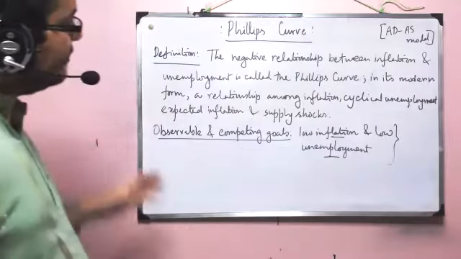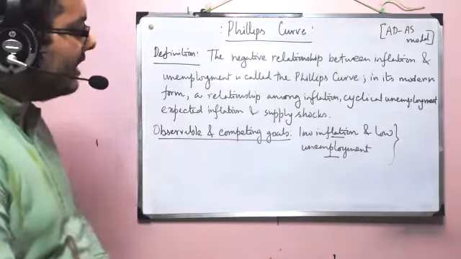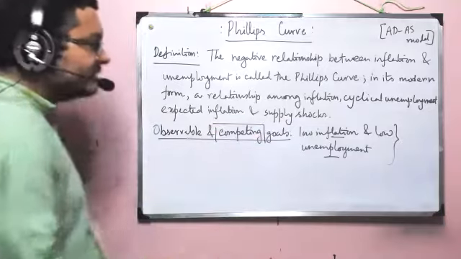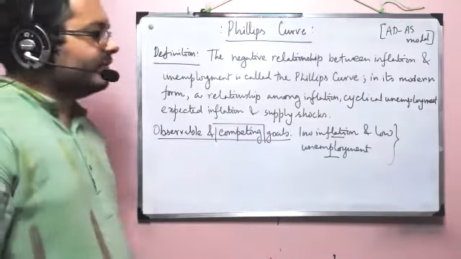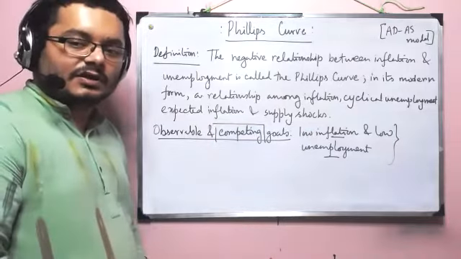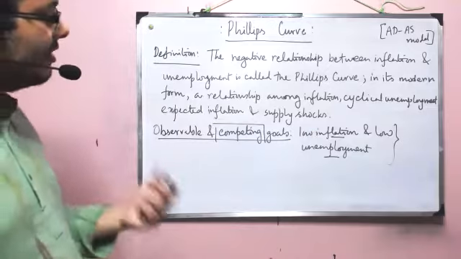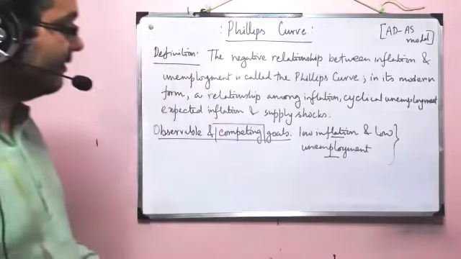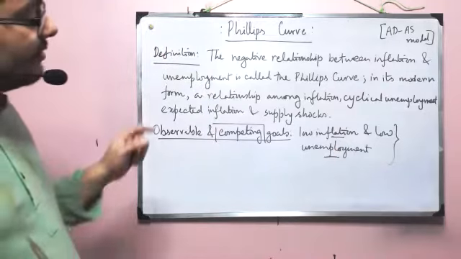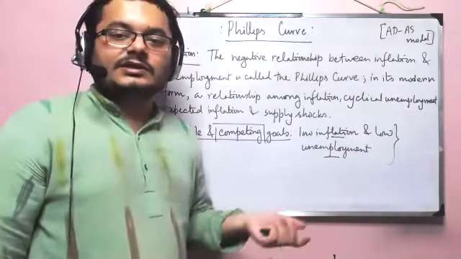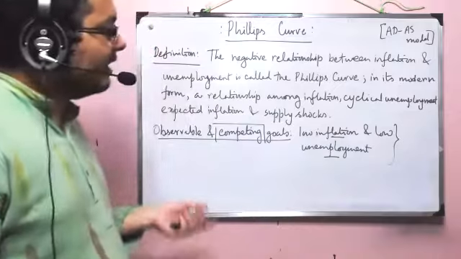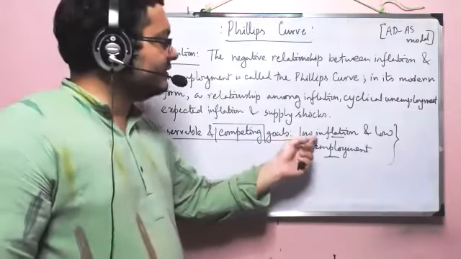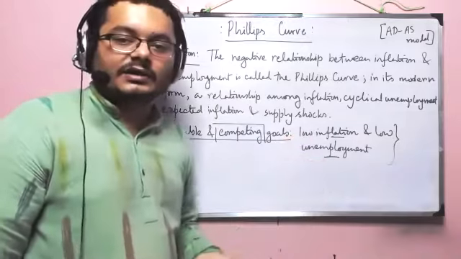But what is the problem? The problem is that these two goals are competing. That is the problem. If they were not, then we wouldn't be studying Phillips curve at all, because then we have a good situation. We can make a good economy with policies because we can achieve two of them together, but that's impossible. Historically, what we have seen is far more dangerous than that actually, where we are saying here that these two goals of low inflation and low unemployment are competing.